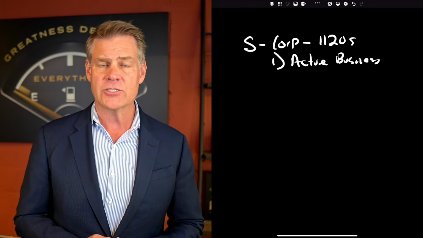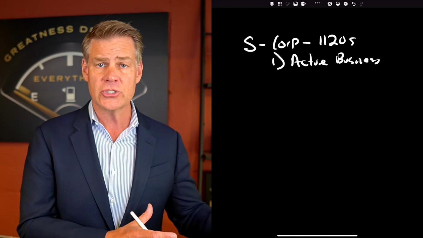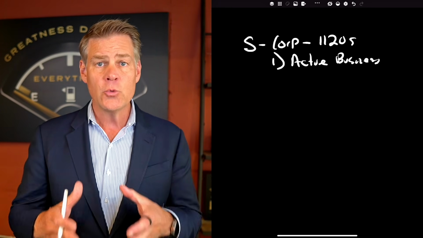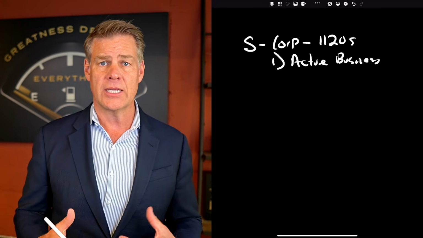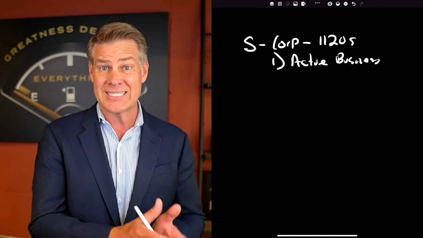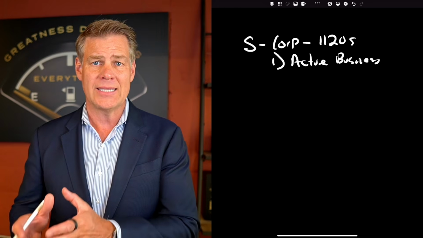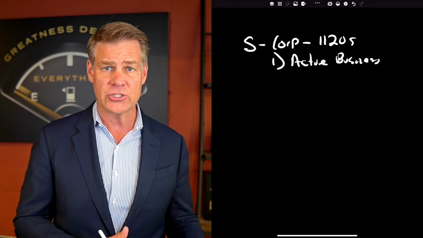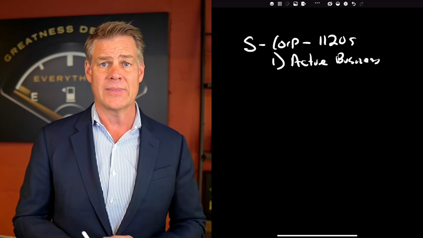The thing about the S corporation that's so attractive for an active business, unlike the other two that I just showed you, is that when you work in the business itself, that income that flows down to you, you're able to control it, meaning you can treat part of it as salary, which means you have to file a W-2, and you can treat the other part as a distribution, which is not subject to self-employment taxes.